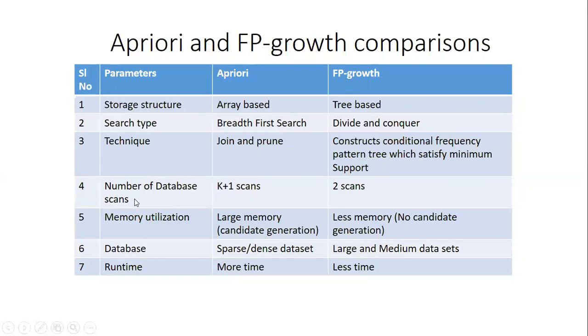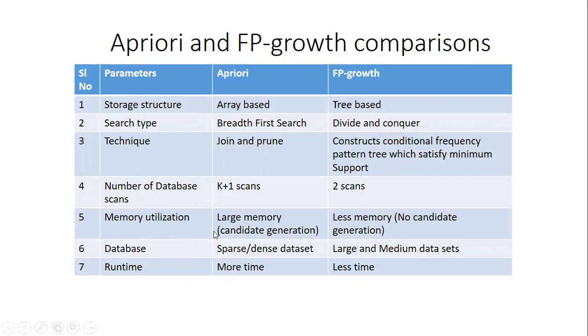The number of database scans in Apriori is k plus 1, that is C1, C2, C3 up to Ck, with k increasing until the candidate set becomes null, that is C4 or C5 equal to null. But in FP growth, exactly 2 scans of the database are done to construct the tree.